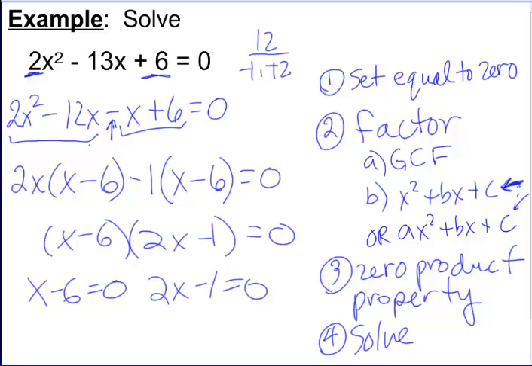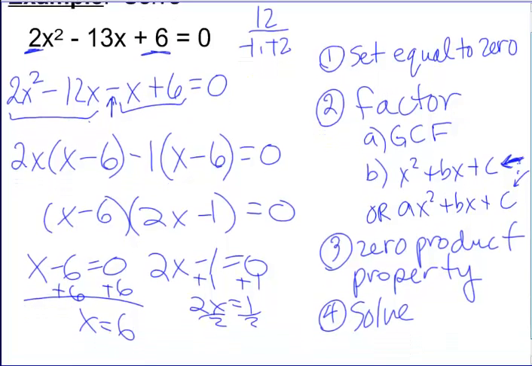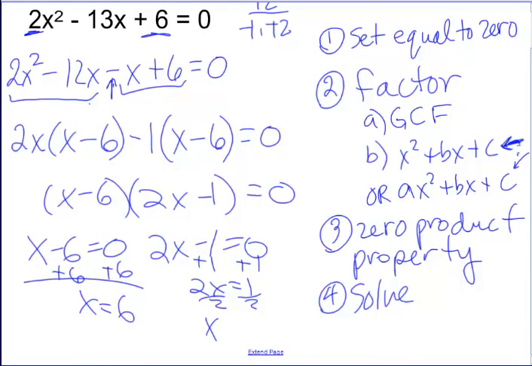Okay, so then we solve. So in the first, add 6 to both sides, x equals 6. Add 1, so we get 2x equals 1, divide by 2. So x equals a half. So 1/2 or 6. Questions?